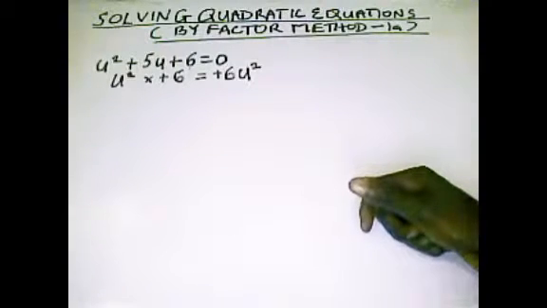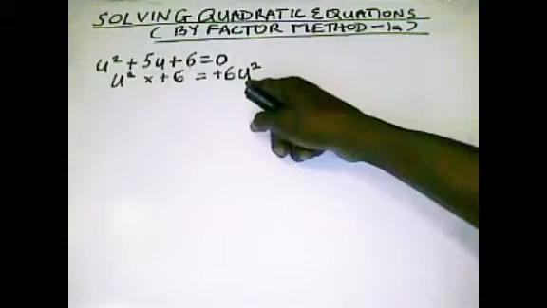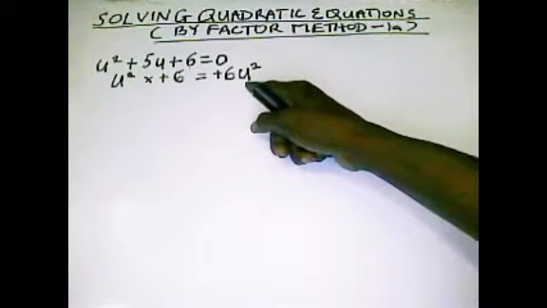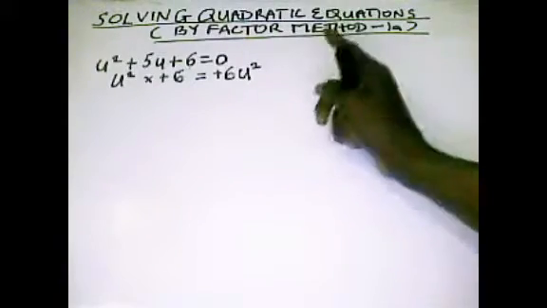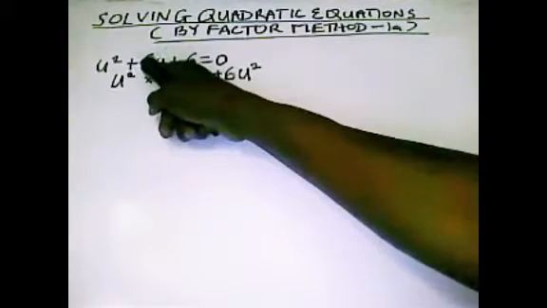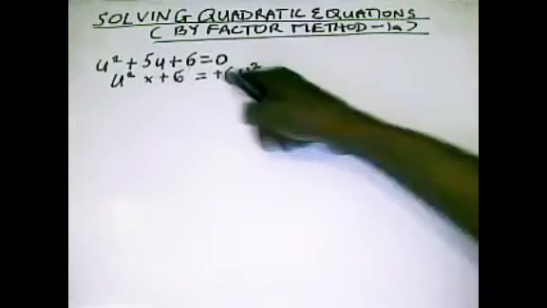The second step is to take our plus 6u squared and look for the factors of plus 6u squared, such that if we add up the factors, it will give us the middle term, which is plus 5u. How do we get the factors?